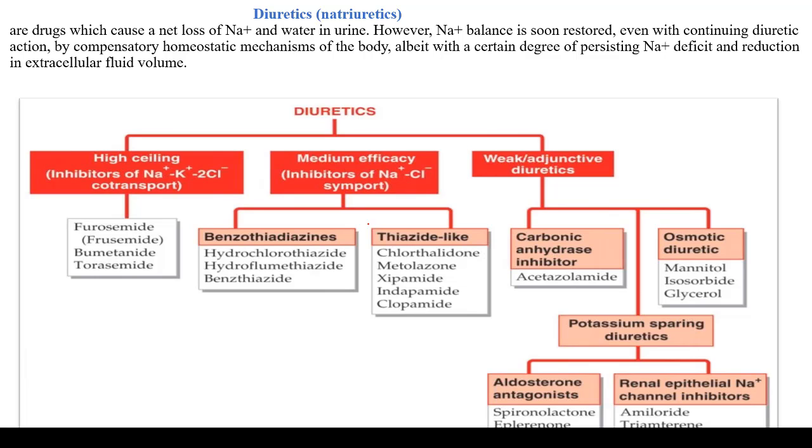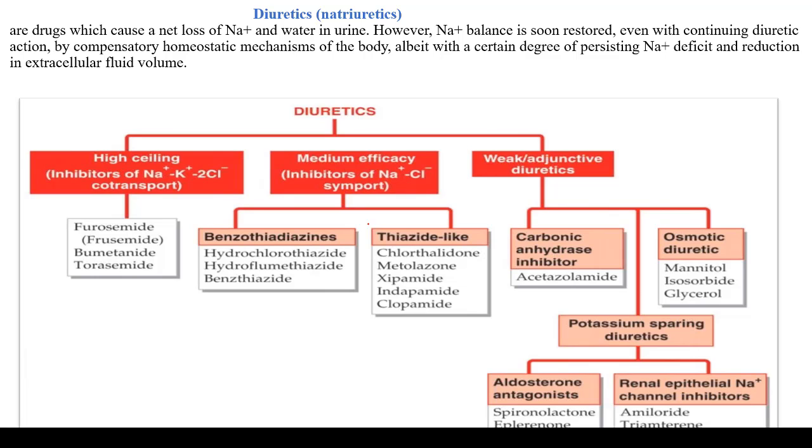When it comes to weak diuretics, the subclassifications are carbonic anhydrase inhibitors, with the drug acetazolamide, and potassium sparing diuretics. The subclassifications of potassium sparing diuretics are aldosterone antagonists and renal epithelial sodium channel inhibitors.